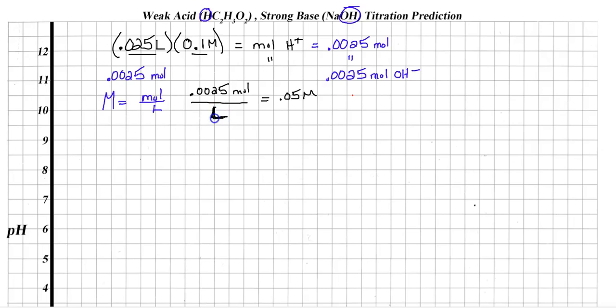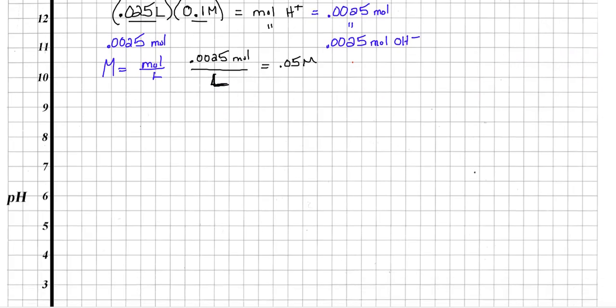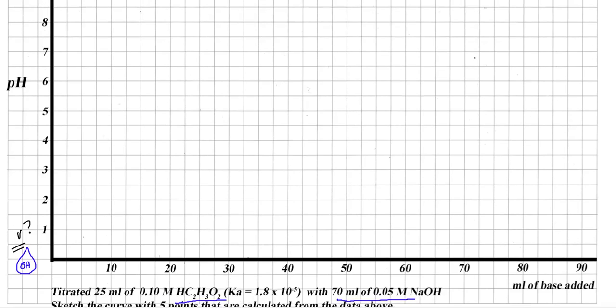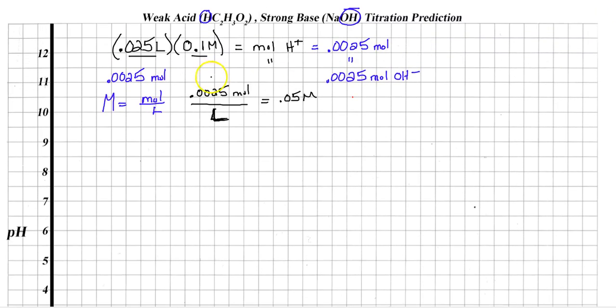What is the volume that it takes to add, don't forget what we're doing, a certain amount of base into the acid? So how much volume do we need so that I have the right number of moles of hydroxide given the molarity? Essentially we're solving for L, the volume of the base needed at equivalence.